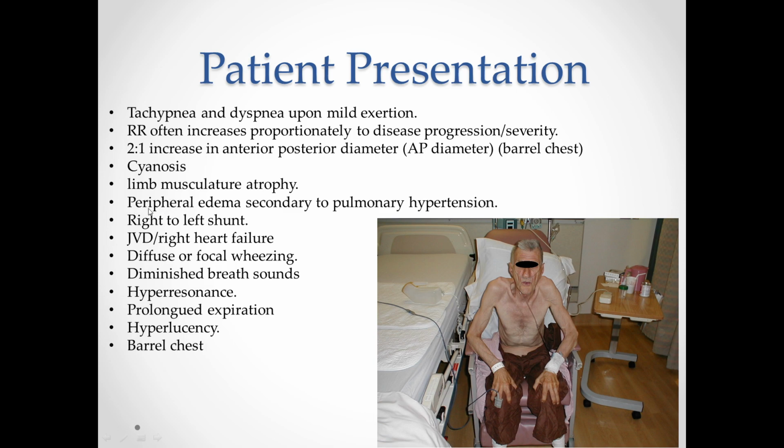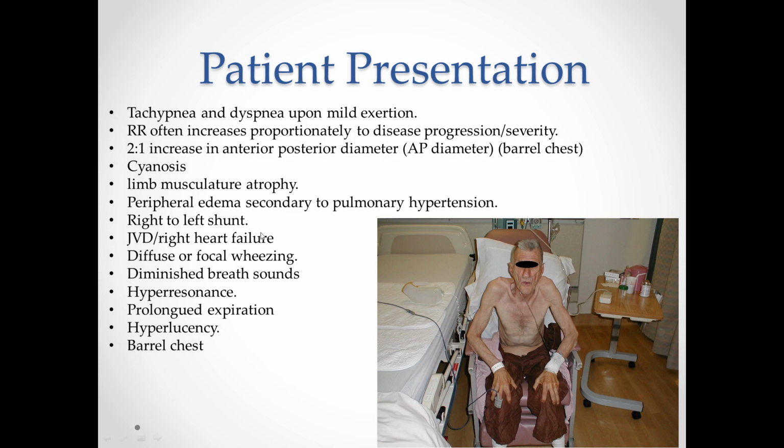Some people will present with peripheral edema secondary to pulmonary hypertension, because as the alveoli remodel and as the lung remodels, there's an increase in pulmonary hypertension. That pulmonary hypertension creates a greater workload on the right ventricle, and as that right ventricle begins to remodel, it can begin to fail for various reasons.